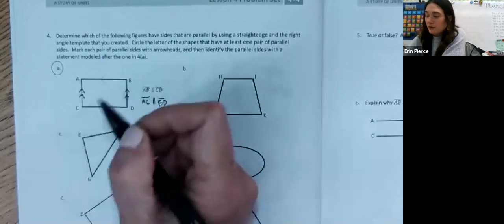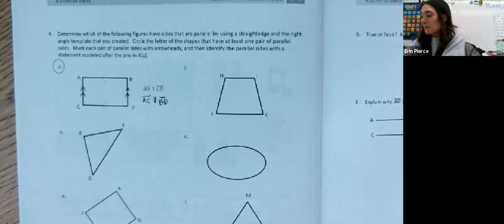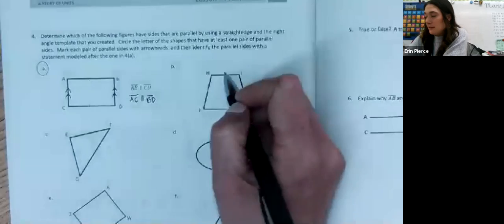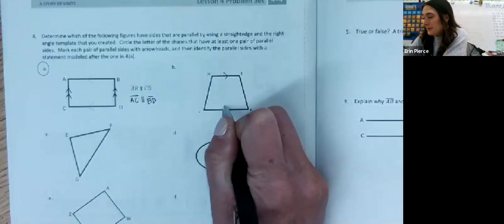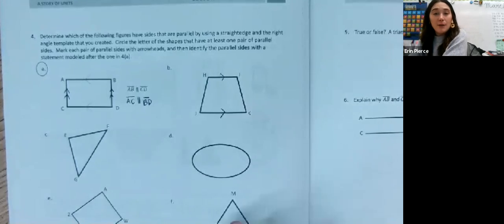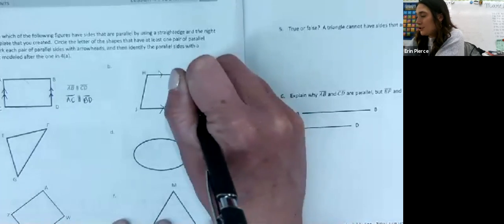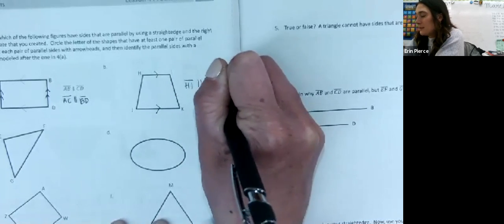So we circle the letter if it has parallel sides. Moving on to B, I see that there's a parallel side here and a parallel side here. So I would note over to the side, line segment HI is parallel to line segment JK.